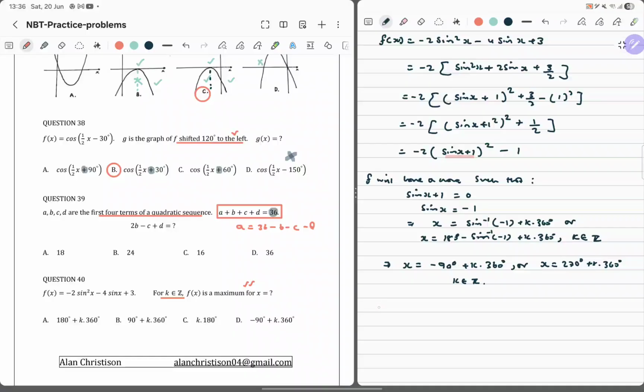So we can say therefore our answer here, this one is the 1. So therefore our answer must be D. Right. Because 270 and minus 90 are the same things.